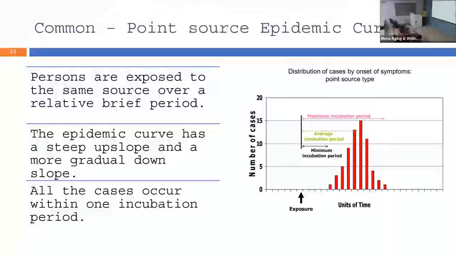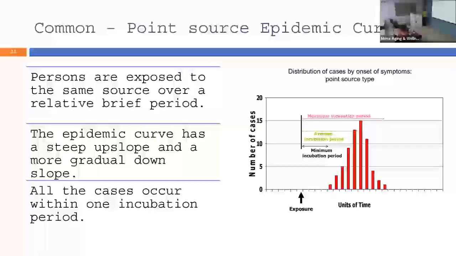And somebody gave the example of, was it a banquet or the church picnic? So church picnic, a wedding, they're exposed to the same infectious agent, or say it's a potato salad, all of them exposed to it.